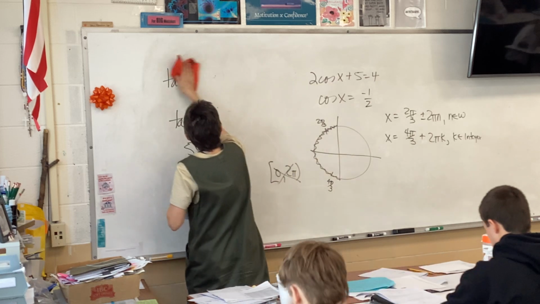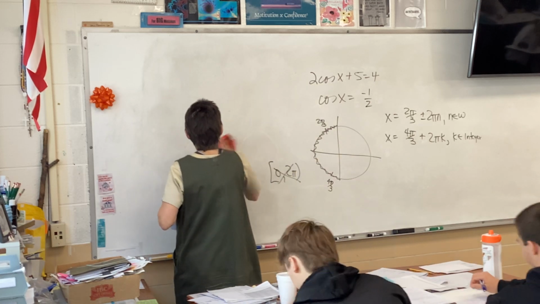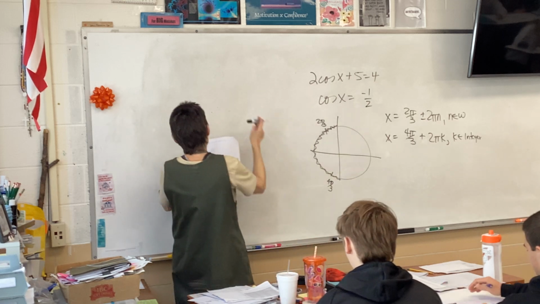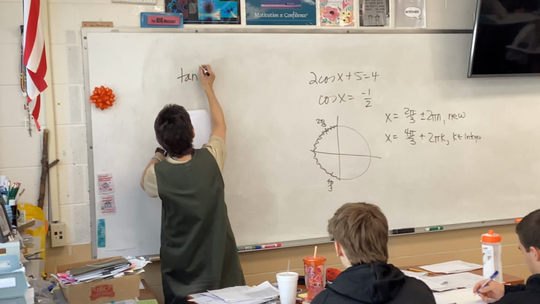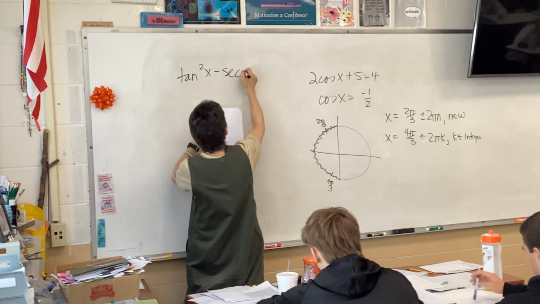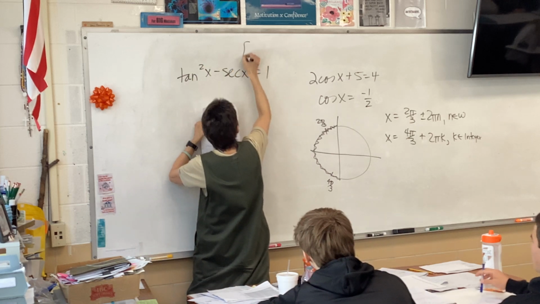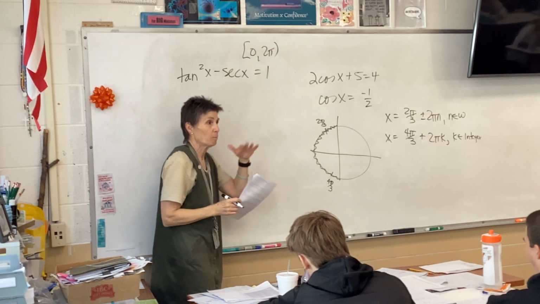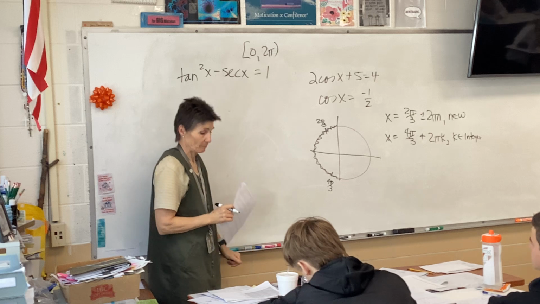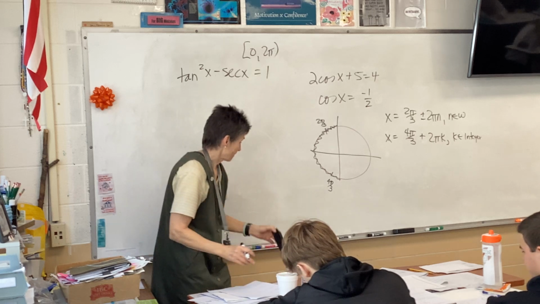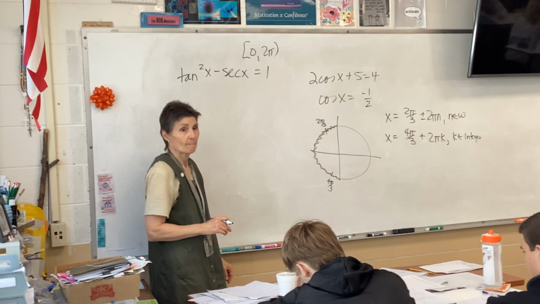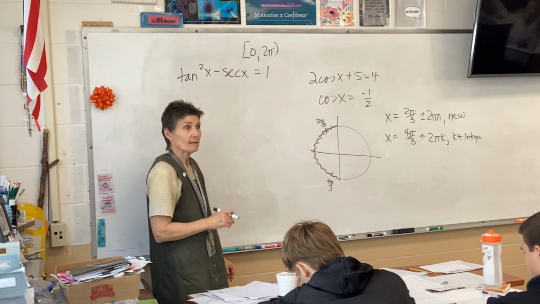All right, what about A? Tan squared minus secant, and this one does have that, which means no plus or minus, just the answers. Any thought? Can't factor that guy.